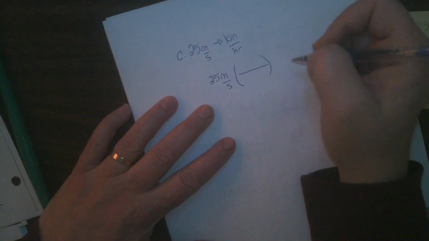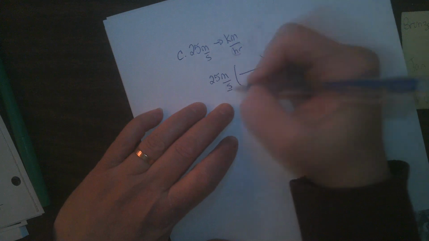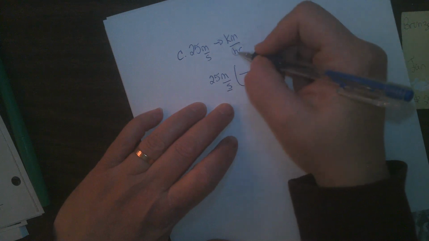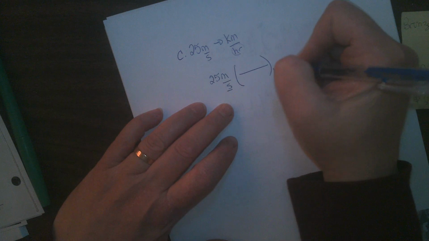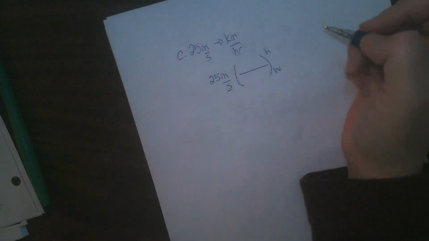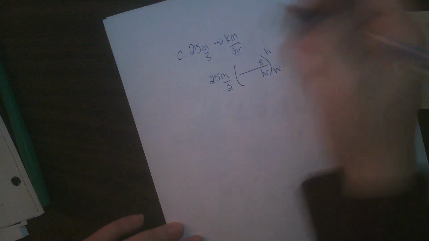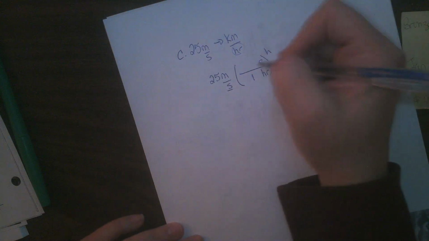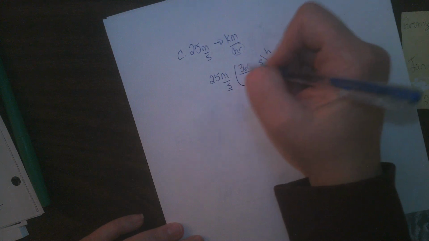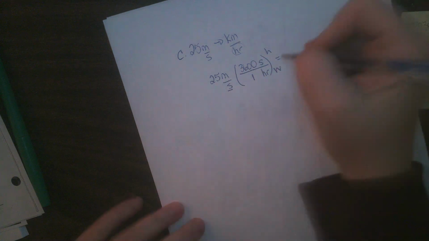Hours? Okay. So we're going to go from seconds to hours. Seconds, hours is in the denominator. So what I want is going to go down, and what I have is going to be up top. I have seconds, and I need hours. In 1 hour, there's how many seconds? 3,600.